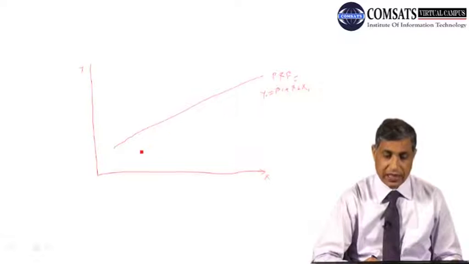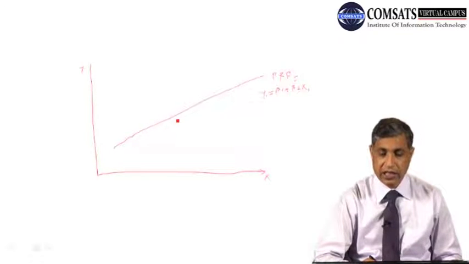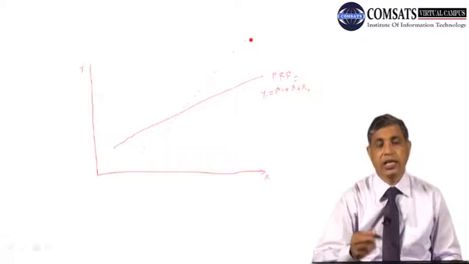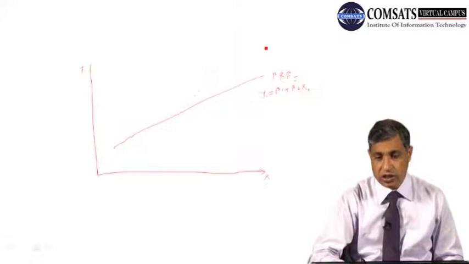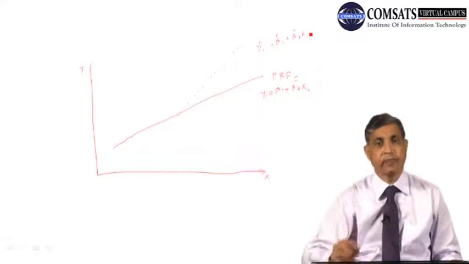Now I say that someone estimated this line taking a sample, and his regression line was of this kind. So this is yi hat is equal to beta 1 hat plus beta 2 hat xi.